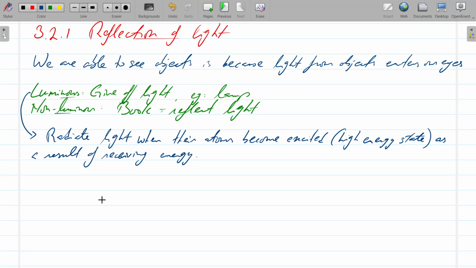And so for a light bulb, for example, the energy is coming from electricity, and when the atoms are excited, they give off their light, as we just talked about.